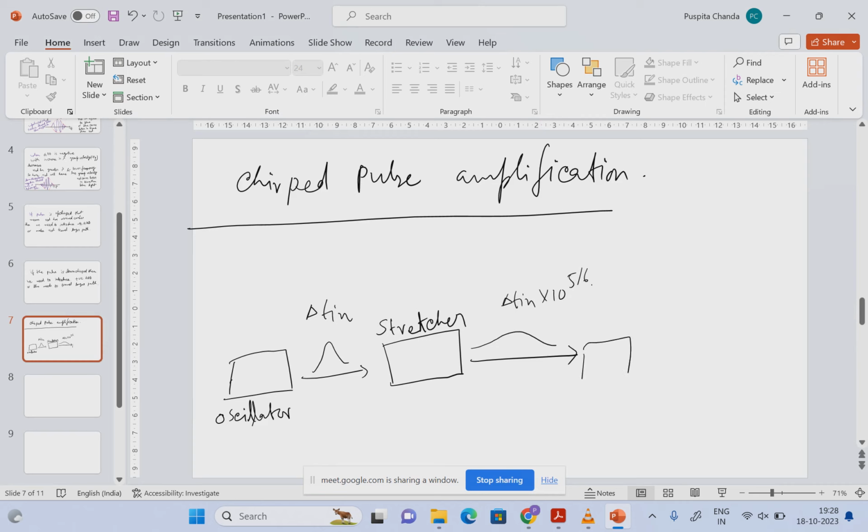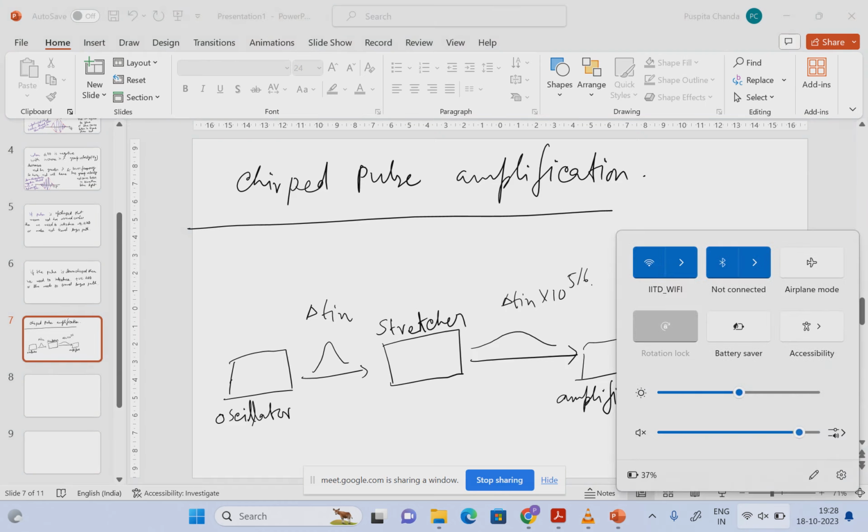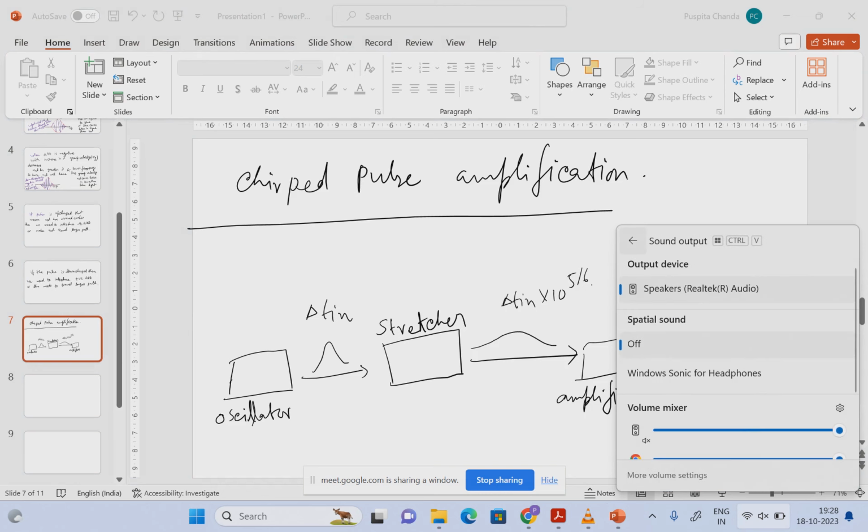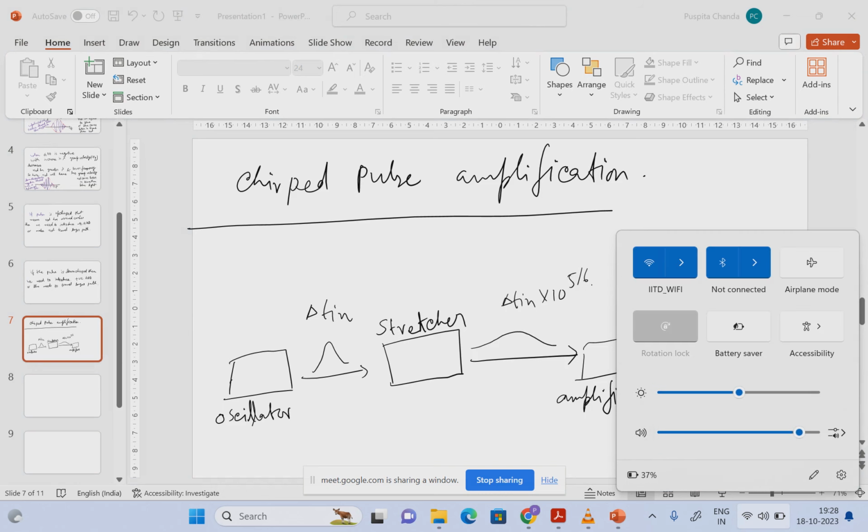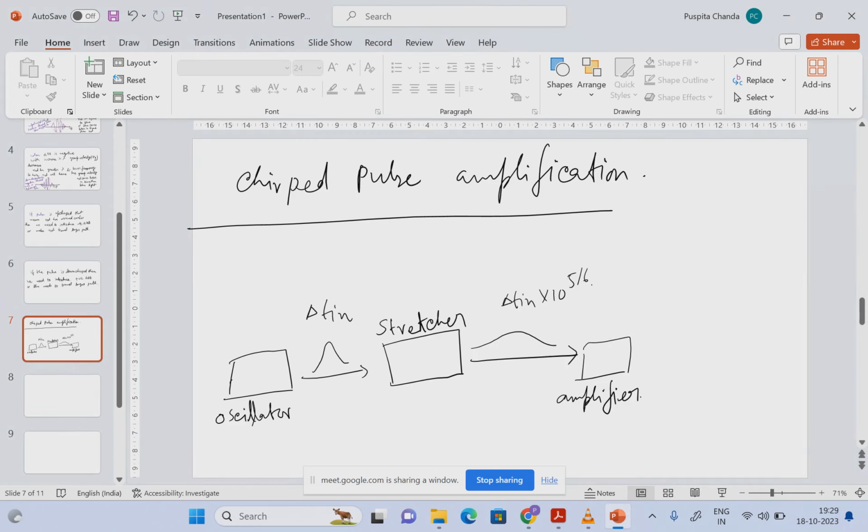Then we amplify it by an amplifier. Now the pulse width remains the same, but its height or peak power increases.